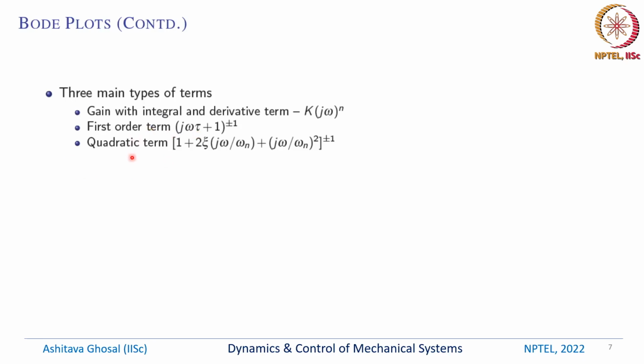We can also have quadratic terms, which are like 1 plus 2 psi, again j omega divided by omega n, plus (j omega divided by omega n) squared. Again, this could be in the numerator, then this will have an exponent of plus 1, and if it is in the denominator, it will be minus 1.